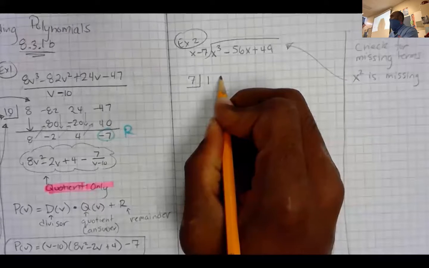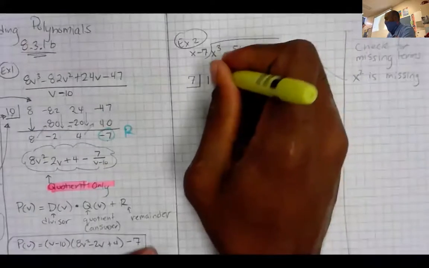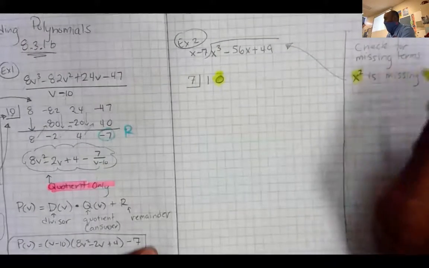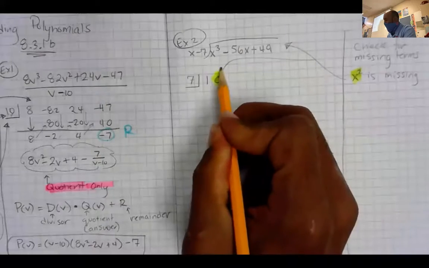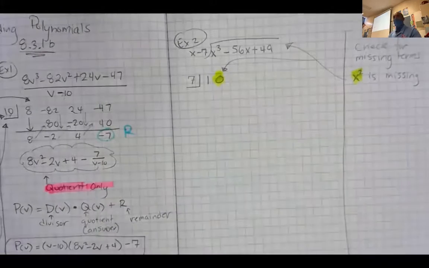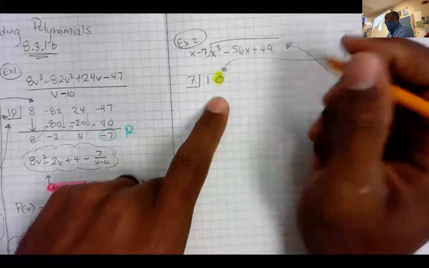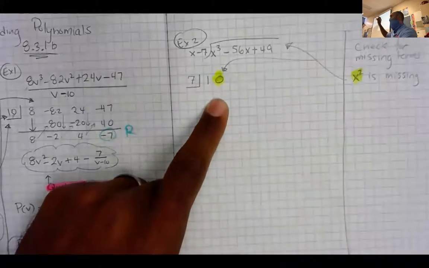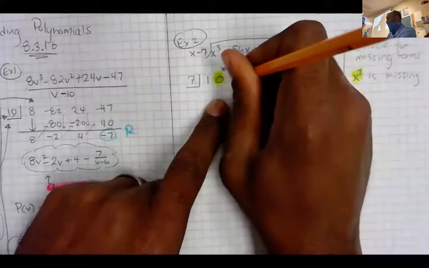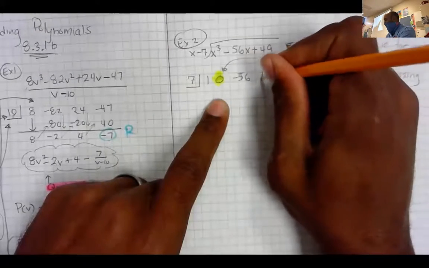So if we're missing x squared, what coefficient goes in place for that? 0. So just remember x squared is missing here, so that's what we're writing in place of that. And you could have multiples missing. You could have like 3 missing. So every time you have 1 missing, put a 0. Then minus 56 and plus 49.